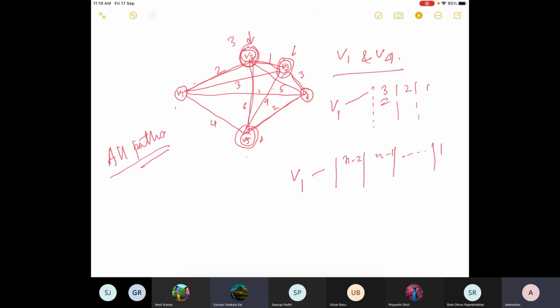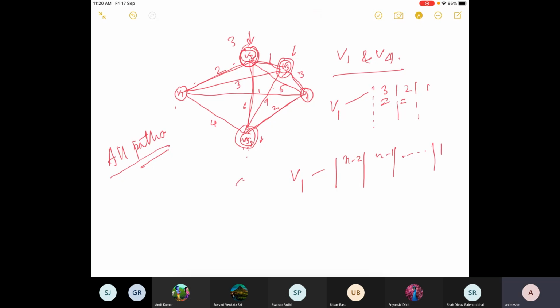Similarly, you can anchor on V3, then also you will have 2 choices. You can anchor on V5, then also 2 choices. So with 3 edges, how many paths are possible? In this way, if you generalize for n cases, what will be the situation?